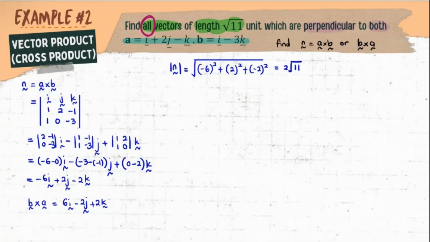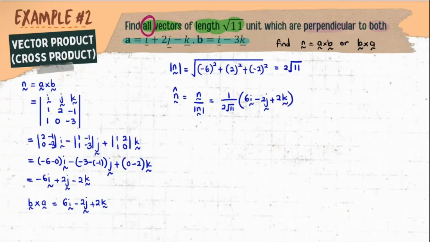So, okay. Now kita cari dia punya unit vector. So N hat will be n over magnitude of n. Okay, which will be 1 over 2 square root 11. Kita darabkan dengan 6i minus 2j plus 2k.